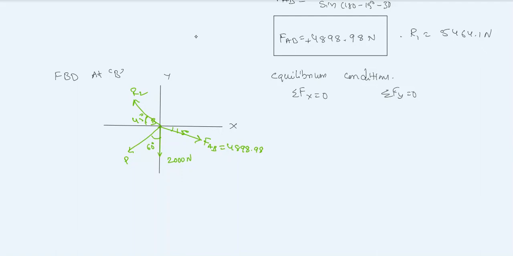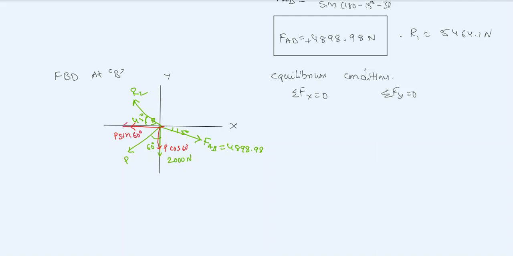These forces are in between the x and y axes, so you can resolve these forces into components. First of all, P can be resolved into two components: one is P cos 60, another one is P sin 60.